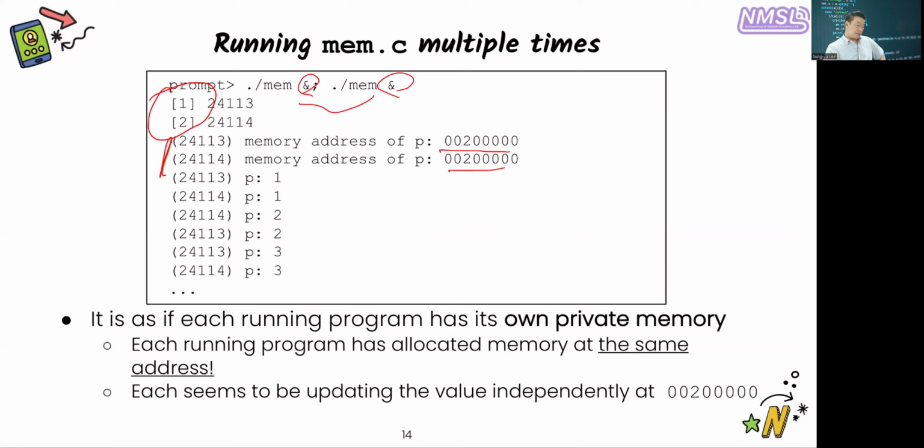So each running program has allocated memory at the same address. You have to remember this is not a real physical address. This is a private address of that program. And each seems to be updating the value independently at that address.